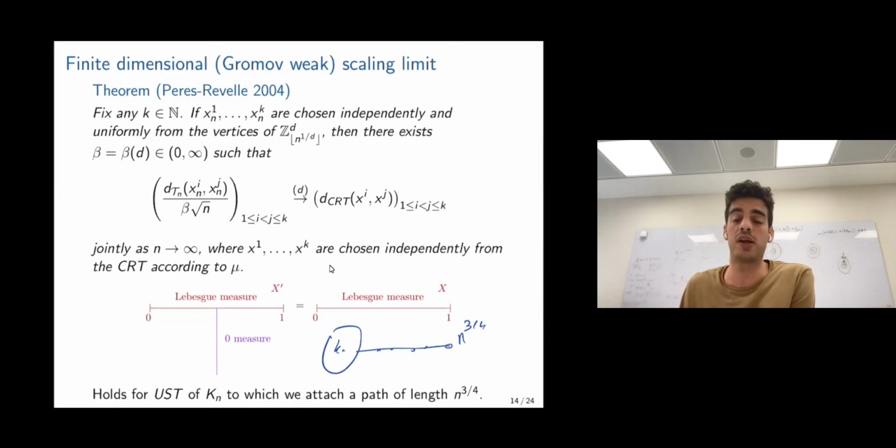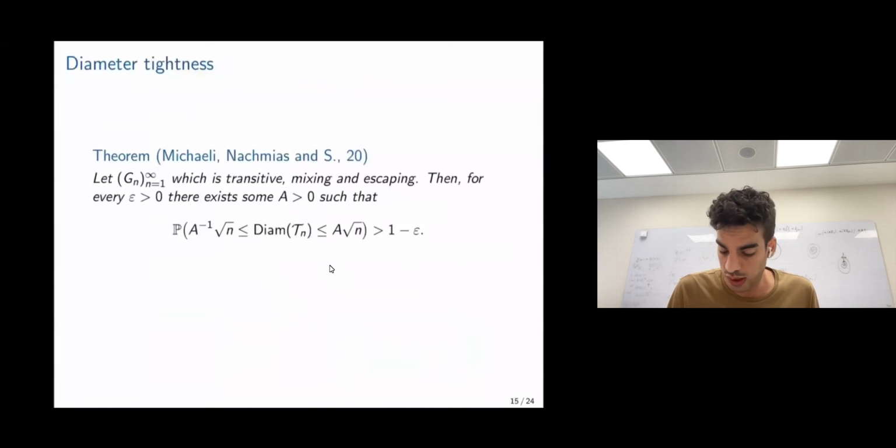So this Gromov-weak convergence is very useful, but not useful enough to imply a convergence of the rescaled diameter. To strengthen it, at first we wanted to know that the diameter is indeed of order square root n.